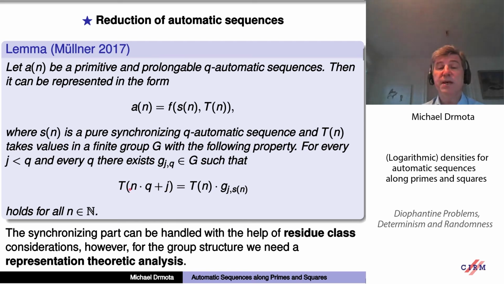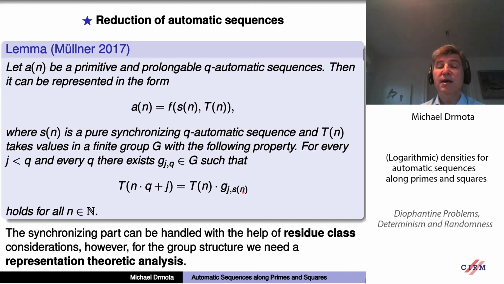So we have the cubic expansion of n, and then we append a digit j, and the result of this should be T of n times a group element. And this group element depends more or less on j, but also on S of n. But S of n is more or less periodic.